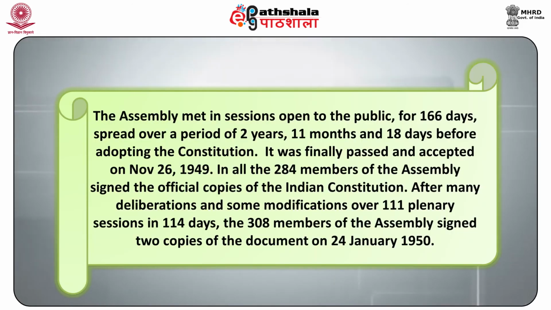The assembly met in sessions open to the public for 166 days spread over a period of 2 years, 11 months and 18 days before adopting the constitution. It was finally passed and accepted on November 26, 1949, and all the 284 members of the assembly signed the official copies, original of the Indian constitution.